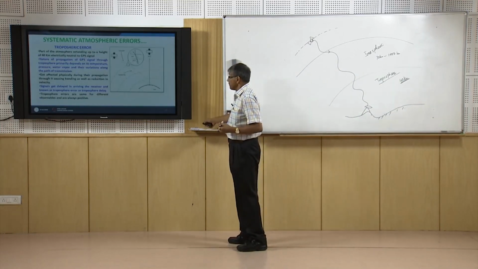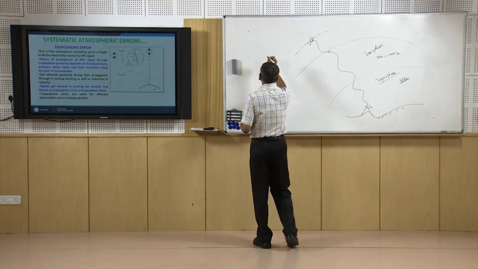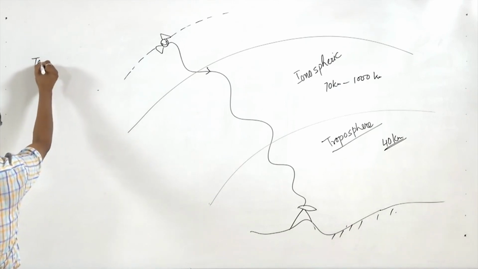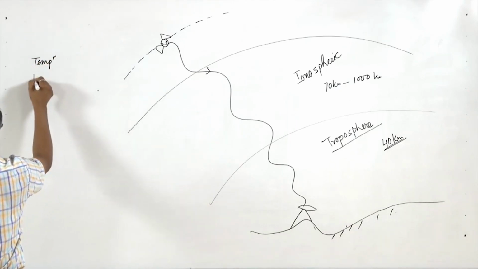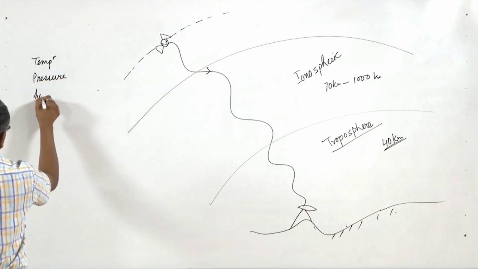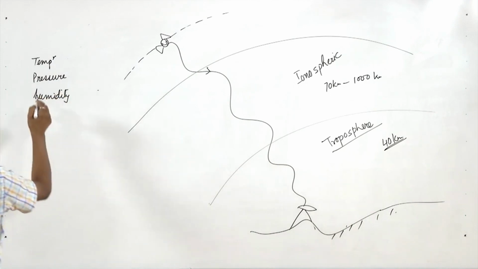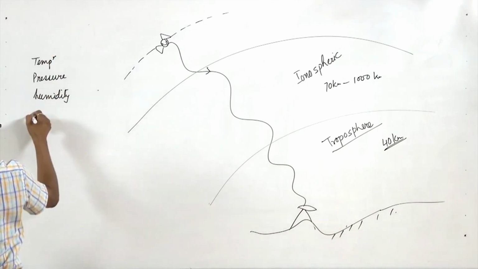Tropospheric errors are caused by temperature, pressure, humidity and their variations.